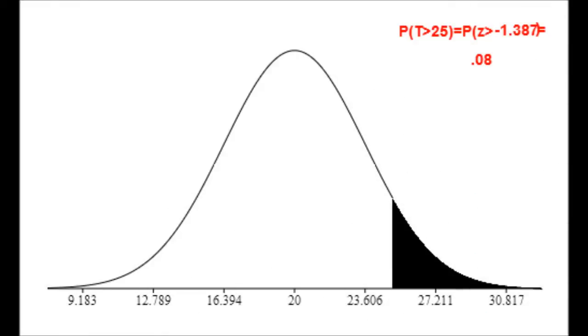Now I can model t with a normal model, and then I can use a table or technology to find the probability. Again, I've made a picture of the normal model, and I found the probability. Probability is about 0.08, which means that around 8% of the time it'll take more than 25 minutes to both pack and box. So yeah, this is the end of the video now.